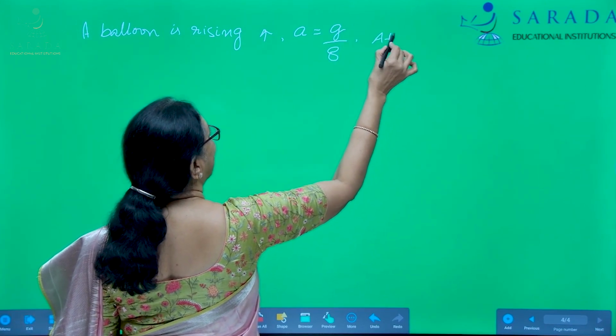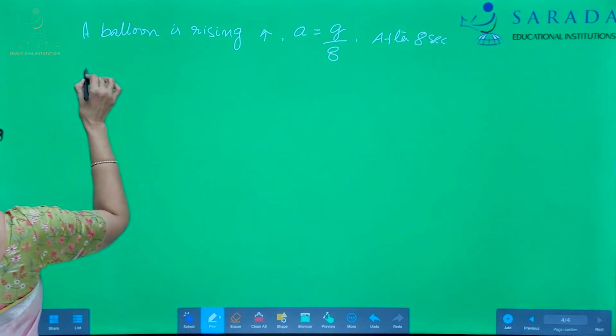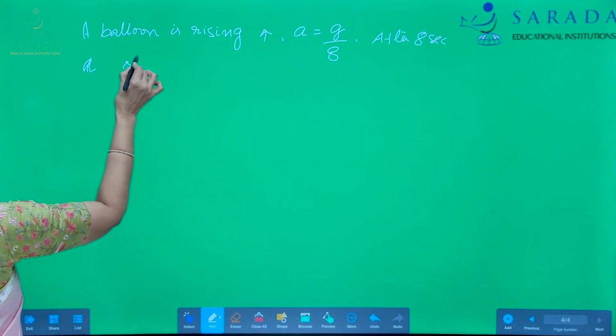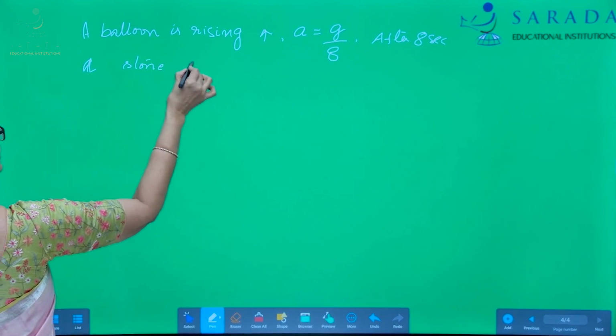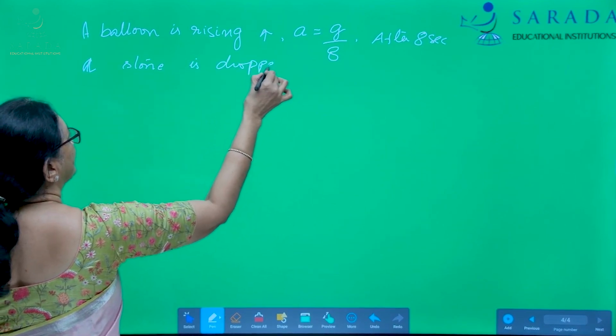After 8 seconds, a stone is released or dropped from it.